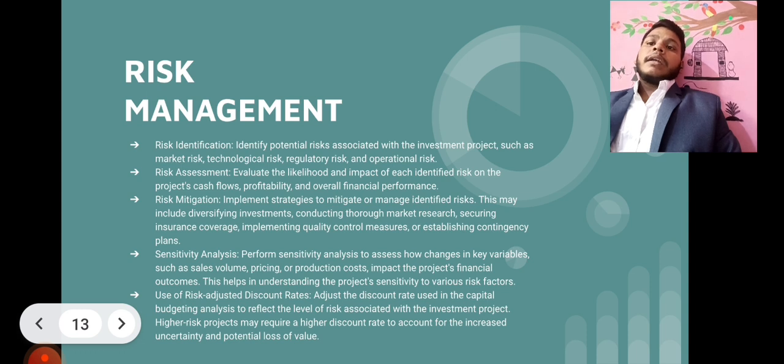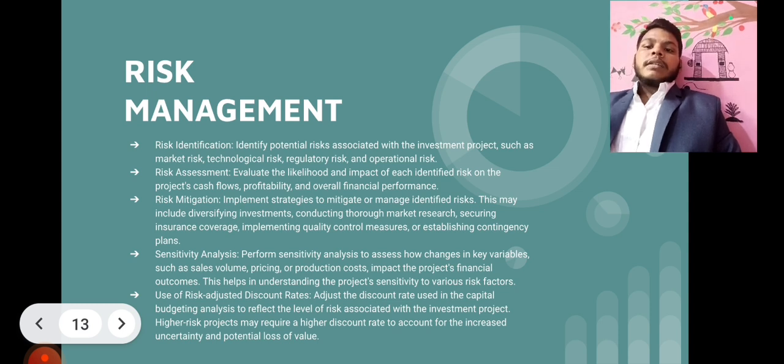This may include diversifying investments, conducting thorough market research, securing insurance coverage, implementing quality control measures, and establishing contingency plans. Sensitivity analysis examines how changes in key variables such as sales volume, pricing, and product cost impact the project's financial outcome. This helps in understanding the project's sensitivity to various risk factors.